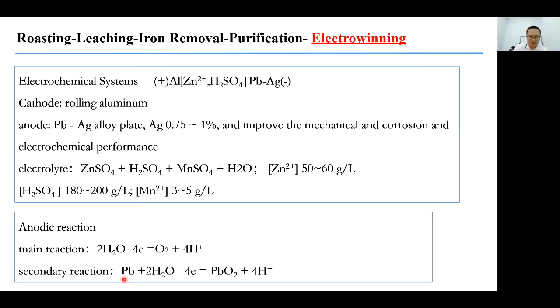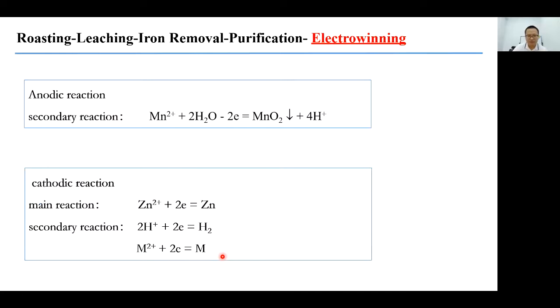Simultaneously, when we have some lead in the system, especially from the anode, it will be oxidized, and this lead oxide can protect the anode from further corrosion. And anode slime is formed, mainly composed of manganese oxide.